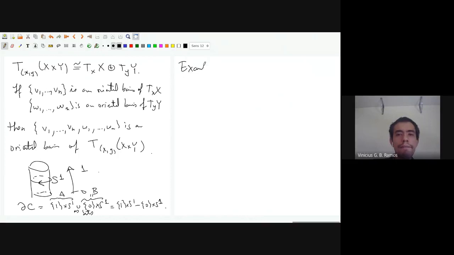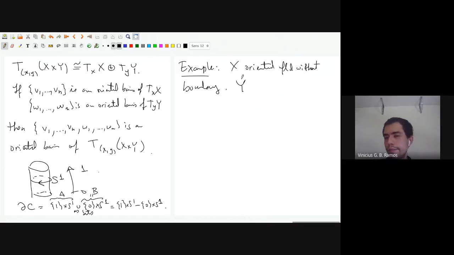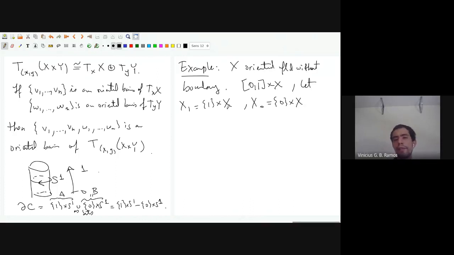So if X is an oriented manifold without boundary, and I consider the product of the interval with X, the claim is that, if I call X1 the set 1 times X, and X0 the set 0 times X, these two manifolds have induced orientations from the obvious diffeomorphisms to X.